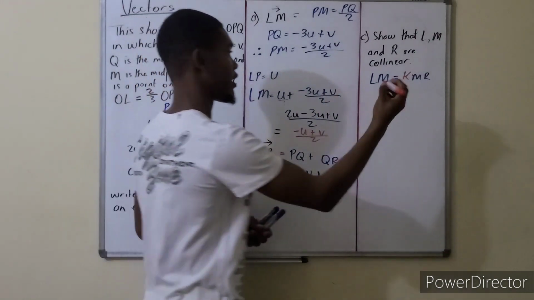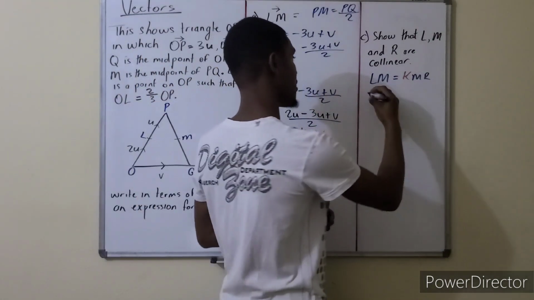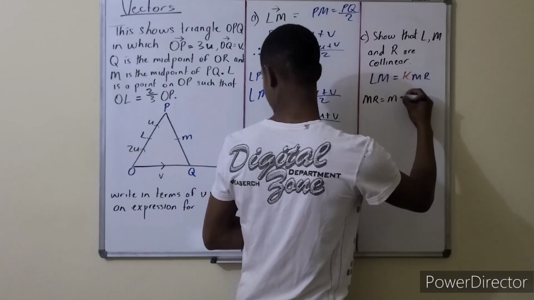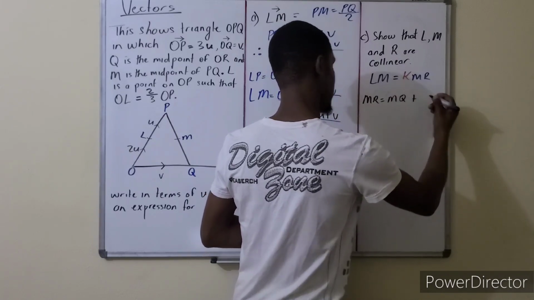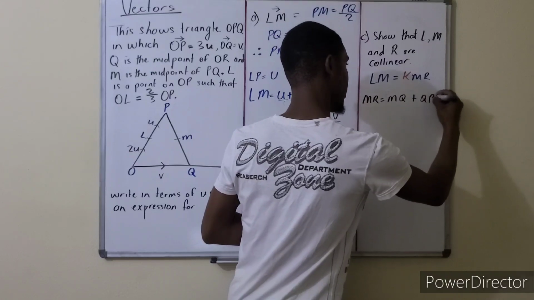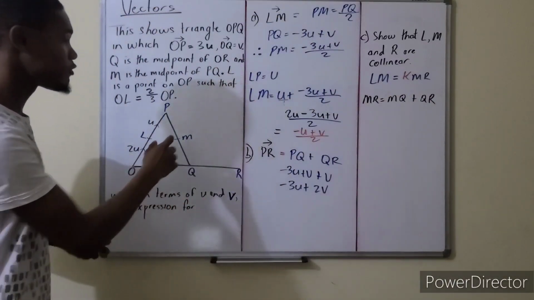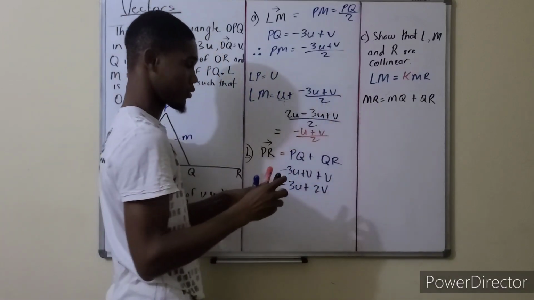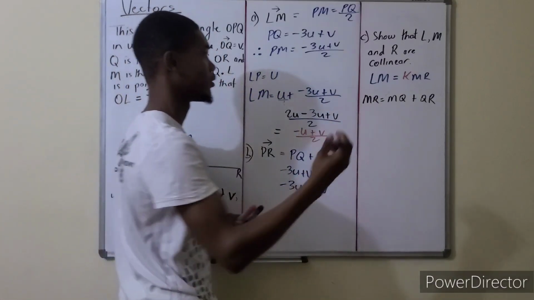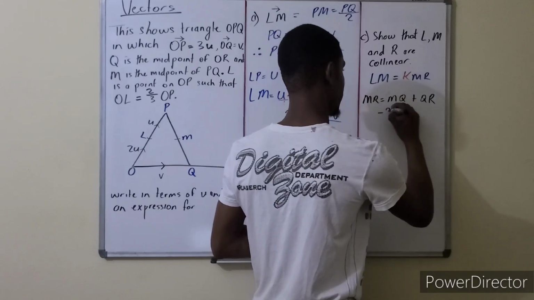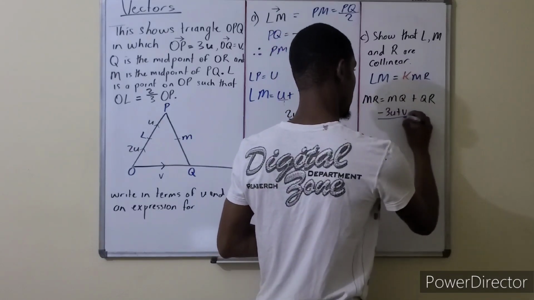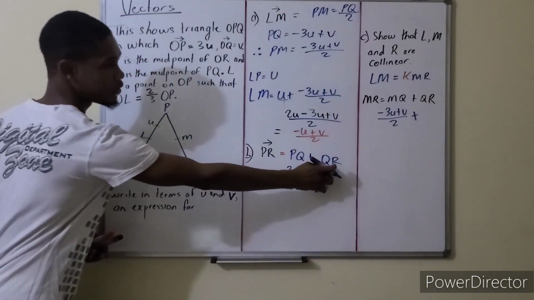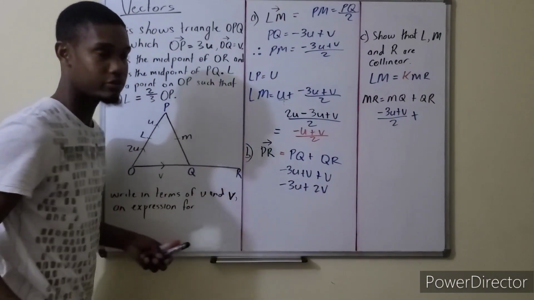So let's focus on MR. MR is equal to MQ plus QR. We know from over here, based on the PQ, that MQ will be equal to negative 3U plus V over 2. And QR, based on here, we know that part was equal to V.